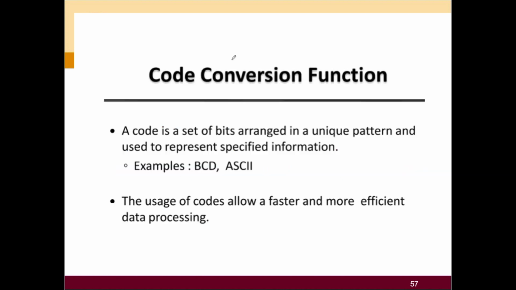On the code conversion function, you can see over here that a code is a set of bits arranged in a unique pattern and used to represent specific information. An example is ASCII operations or programs, and the use of code is to allow faster and more efficient data processing.